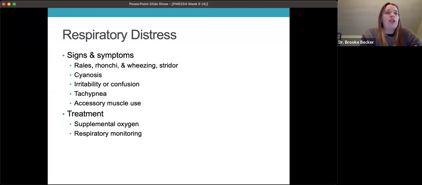So if you are starting to notice that, they're starting to become more tachypneic, so they're breathing faster than they should be, or they're having any abnormal lung sounds, it would be really important to be letting that provider know.